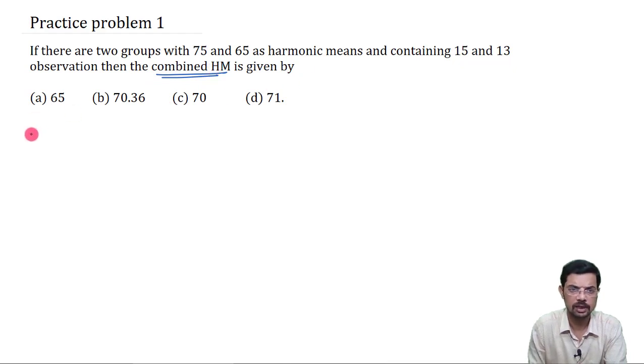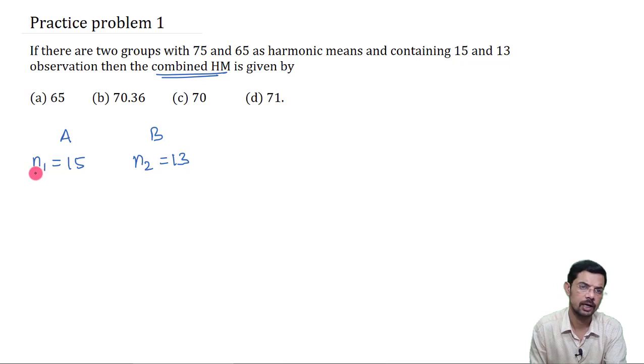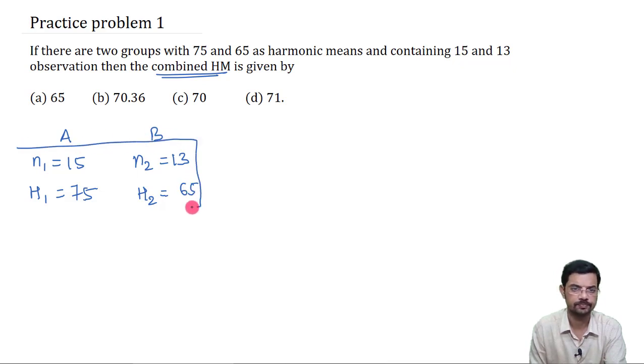We have 2 sets of observations, set A and set B. In set A, n1 equals 15, and in set B, n2 equals 13. The harmonic mean H1 of group A is 75 and the harmonic mean H2 of group B is 65.